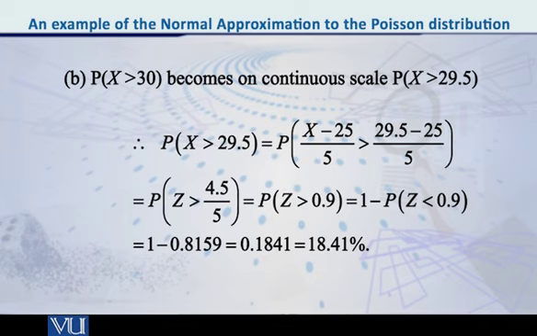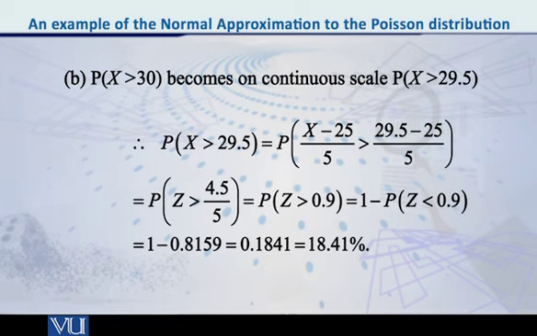So therefore, in terms of the normal, we are going to find the area under our normal curve from 29.5 to plus infinity. We can also say that it is the probability that the area is to the right of the point 29.5. Again, of course we have to do standardization.